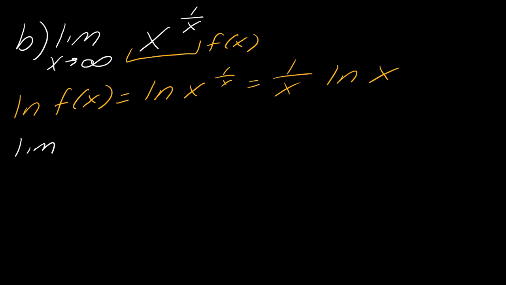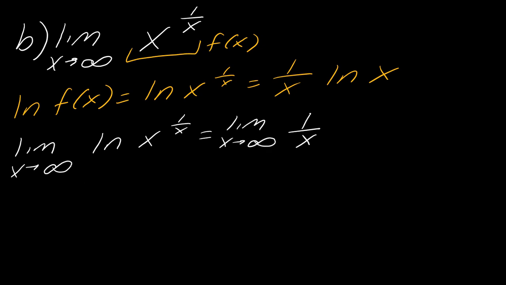So now if I want to apply that to my limit here, if I take the natural log of x to the 1 over x, this is going to give me the limit as x approaches infinity of 1 over x times the natural log of x, right? Bringing down that power again. And then this is going to give me the limit as x approaches infinity of the natural log of x over x.